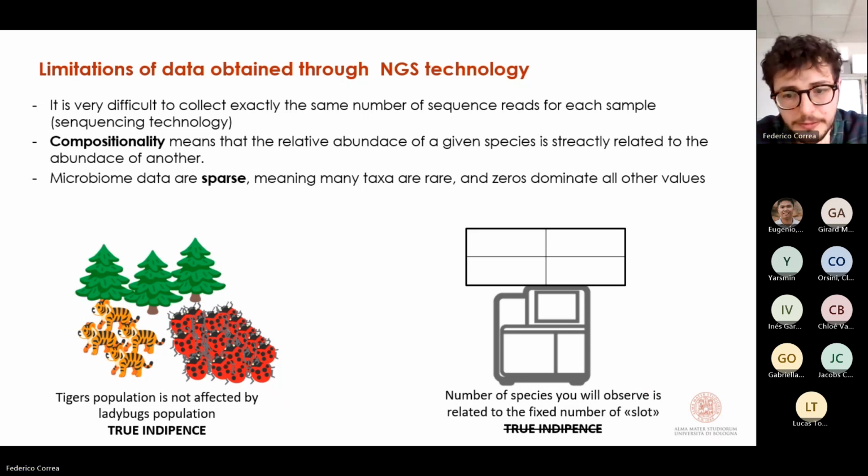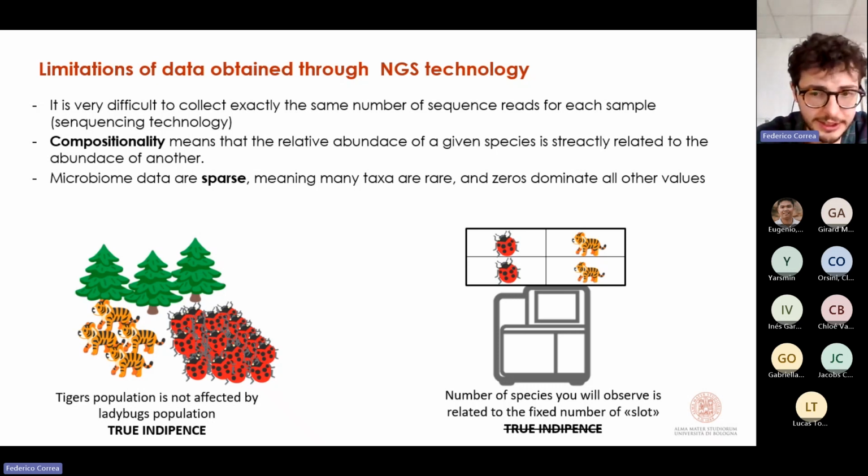So we need to fill this. If we observe our population, we observe that there are ladybugs and tigers. But if there is an increase in the ladybug population, the probability of observing the tiger population will decrease.